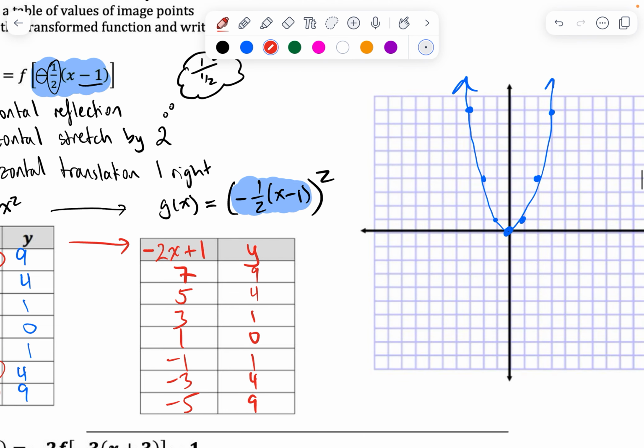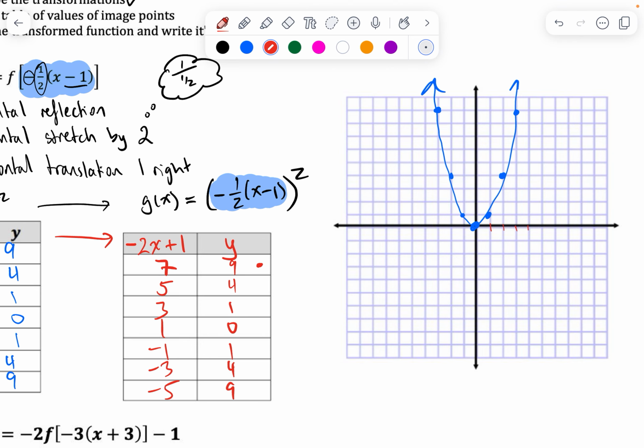So (7, 9) is over here: 1, 2, 3, 4, 5, 6, 7, and then the y value is at 9. Okay, (5, 4) is 1, 2, 3, 4, 5, 4. (3, 1) is 1, 2, 3, 1.